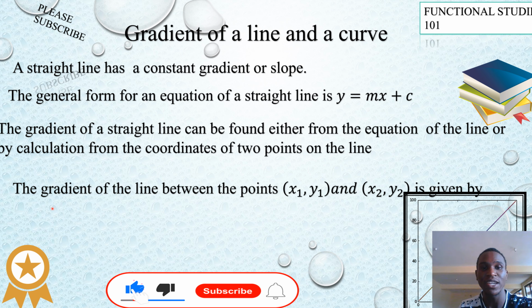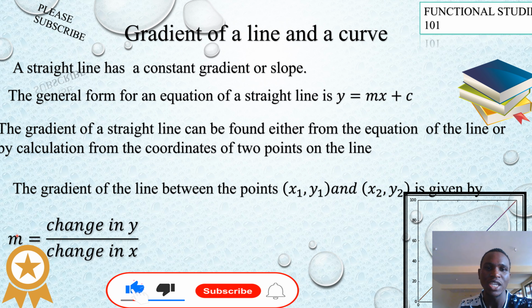If you want to look for the gradient of this line, we'll have to evaluate the change in y over the change in x. So the change in y over the change in x defines the gradient of the straight line, or the slope. That's another name. So get familiar with these terms. The names, get familiar with them. It's very, very important.